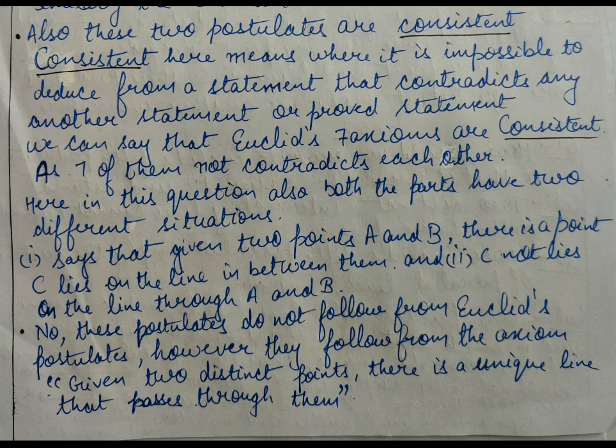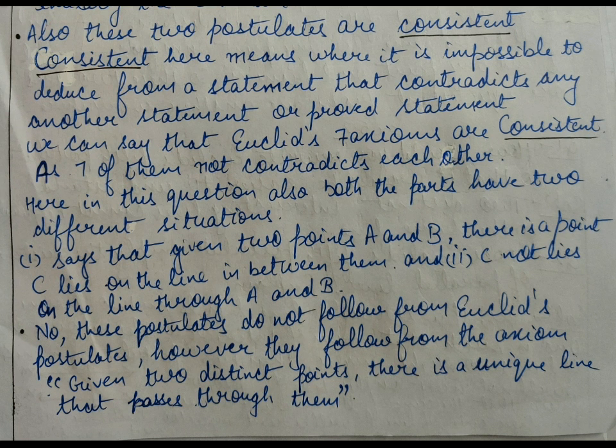Consistent here means that it is impossible to deduce from a statement something that contradicts any other statement or proved statement. Now we can say that Euclid's 7 axioms are consistent, as none of them contradicts each other. Here in this question also both the parts describe two different situations, so we can say that they are consistent.